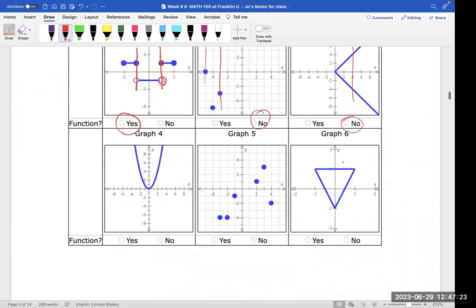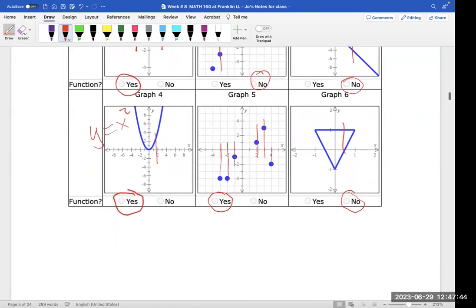This one here is not. Again, you only need to find one place that it fails. And this one, check. Oh, this one's okay. And this one is okay. This one is actually the quadratic. This is the parent function, y equals x squared, a second degree polynomial.